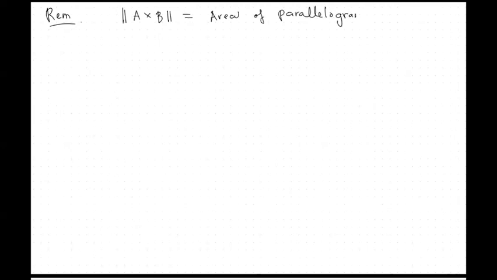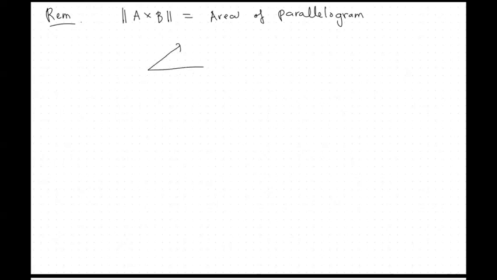Let's look at how to compute this in numbers. So let me have this remark that if you take the magnitude of our cross product of A and B, this will give you the area of our parallelogram as shown below.